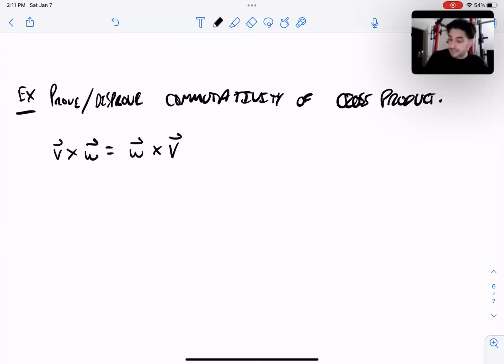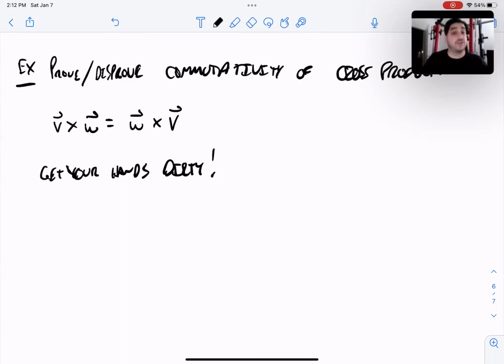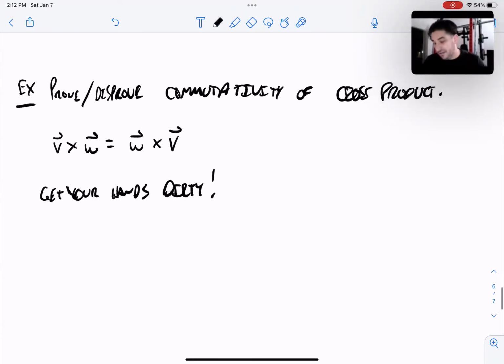Okay, so let's try, again, let's get our hands dirty. That should be your first step, try a few examples. Anytime you're dealing with something abstract, try it out in a couple of very concrete cases. That's how you build an intuition for the abstract, by noodling around in some concrete cases. So let's start by getting our hands dirty.